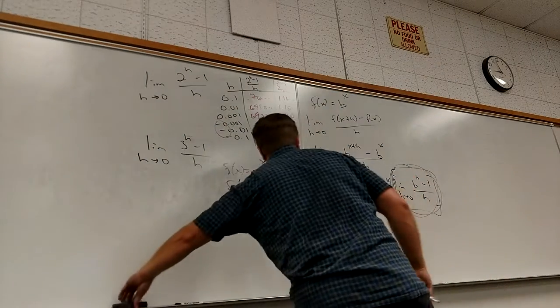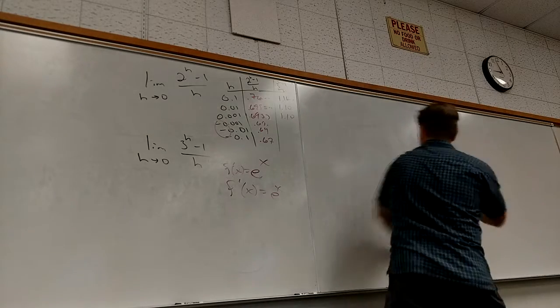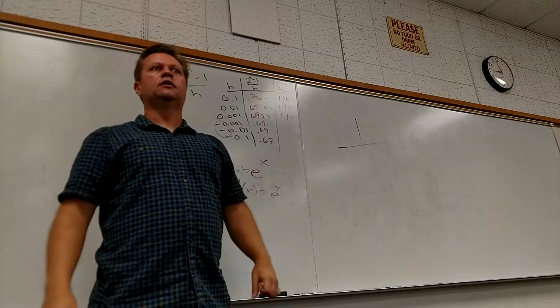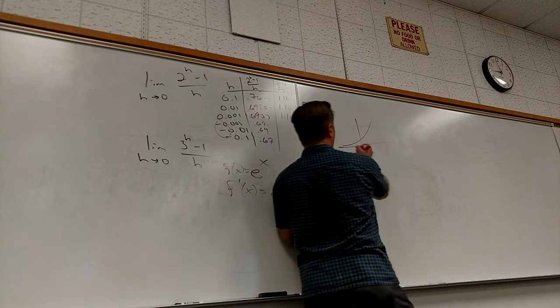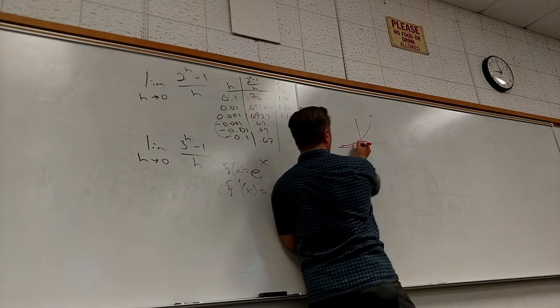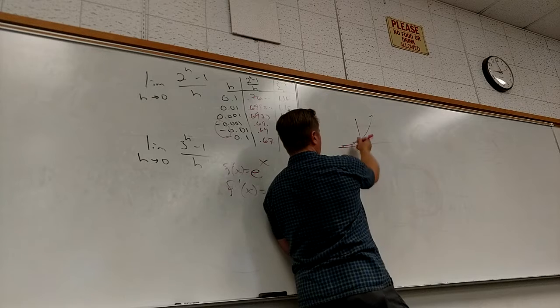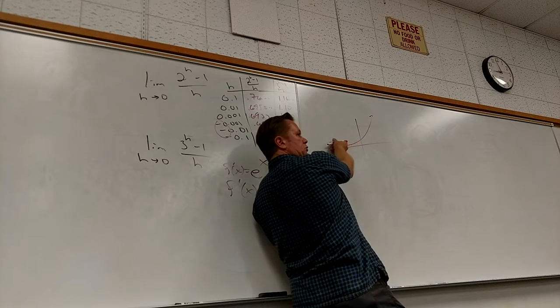Why does that make sense if I look at the graph of e? What does e look like? Somebody just do it in the air for me real quick. What's e to the x look like? Yes, cool. Swoosh. And so back here, what is the slope approaching? The slope is becoming very flat, so the slope is approaching 0.